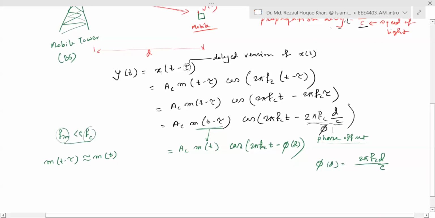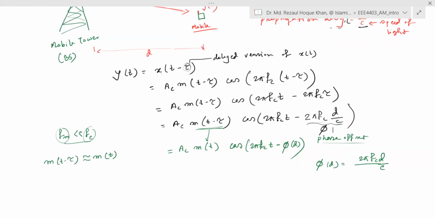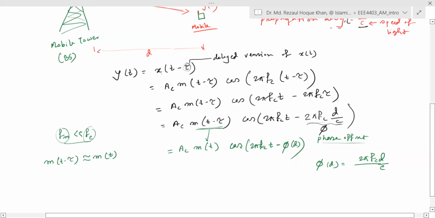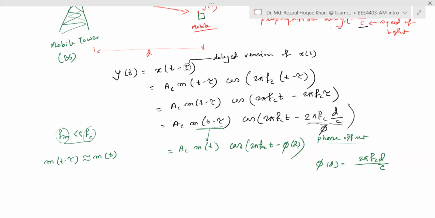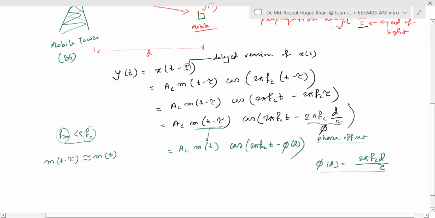What we are trying to say is that the varying phase offset, which is phi, is a function of the distance d of the user.